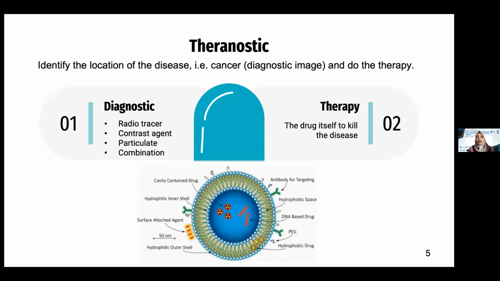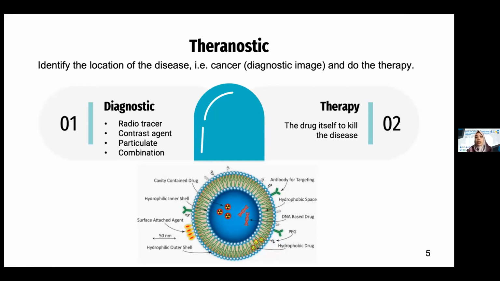So in theranostics, we identify the location of disease, for example cancer, with a diagnostic image, and then we do therapy on the disease. So there are two main components, diagnostic and therapy. For diagnostics, it can use a radio tracer, contrast agent, particulate, or a combination of these three.